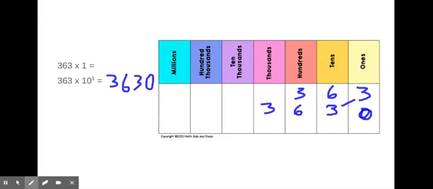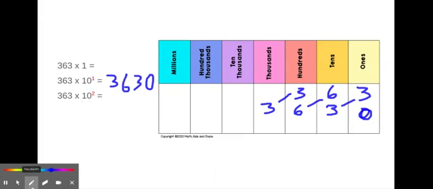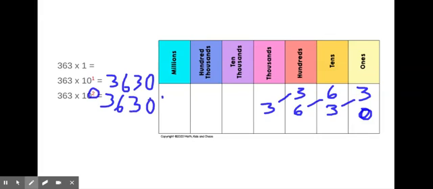My 3 got moved up one place, my 6 got moved up one place, and my other 3 got moved up one place. When I multiply 363 times 10 to the second power, we said that that was 363 with two zeros.